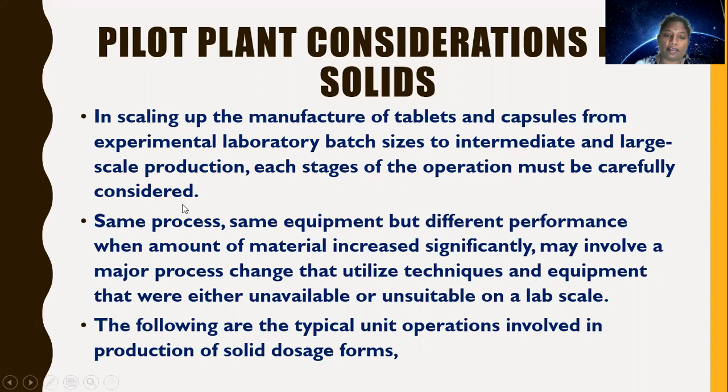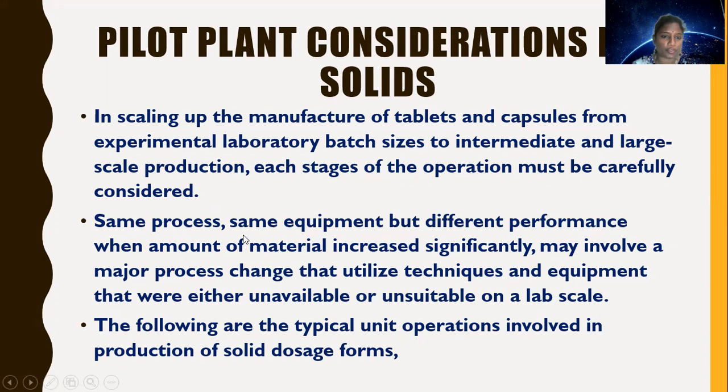So here, in the small scale the formula is the same. The formula is in small quantity in laboratory scale, and in large scale the formula is increased. But the process is the same and the equipment is the same, so ultimately the output is different.